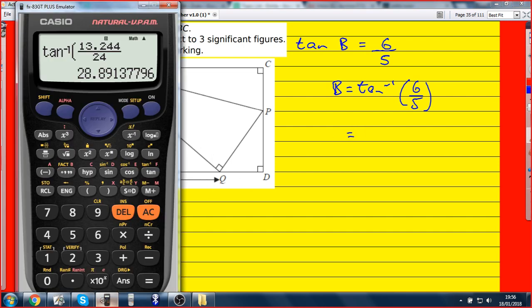They want the final answer to 3 sig fig. So how many sig fig are we getting this to? 50.194.